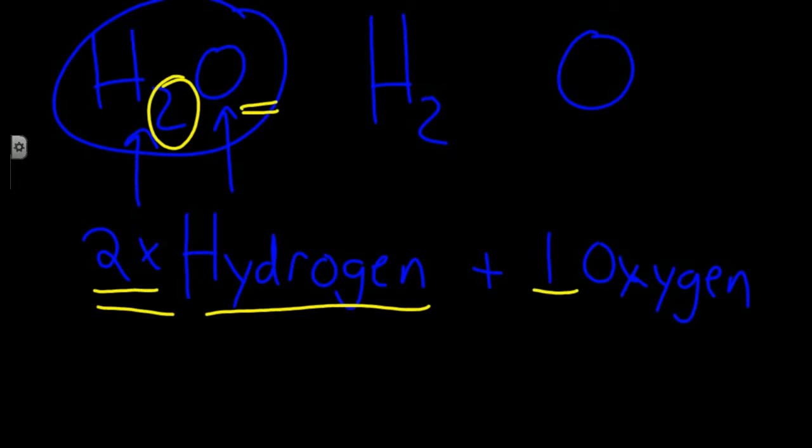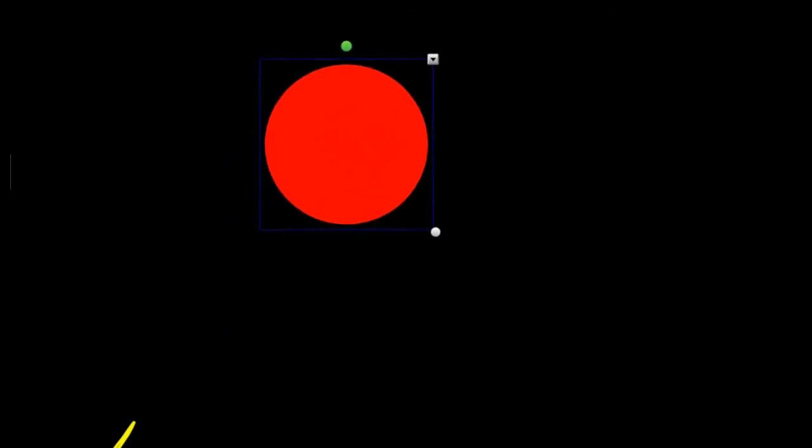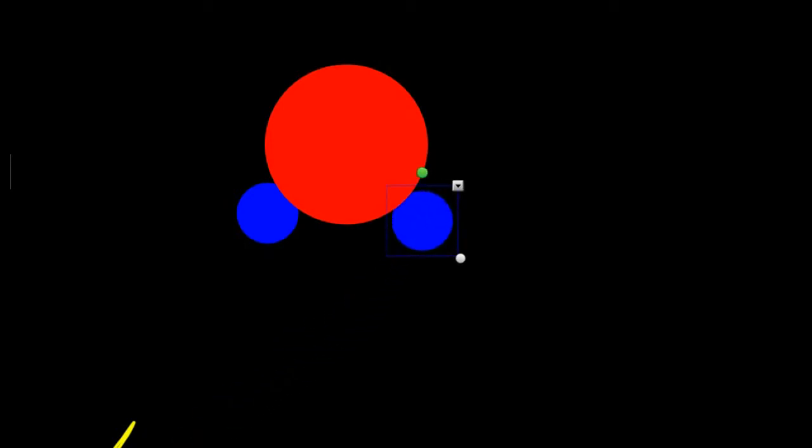A single molecule of water looks a lot like this. Let me get the pointer here. We get our big red oxygen atom, our tiny hydrogen atom, and another tiny hydrogen atom.